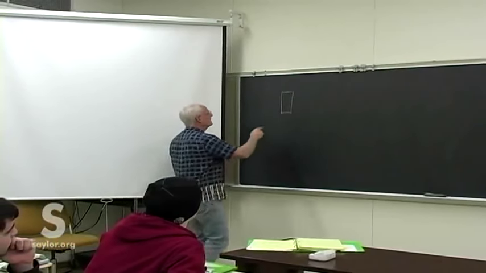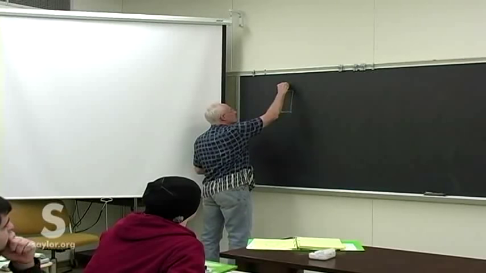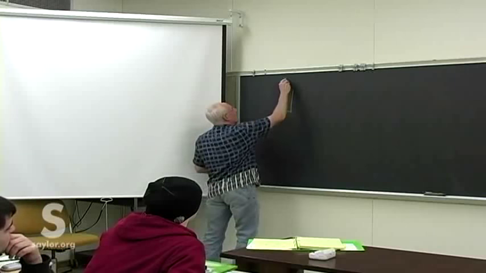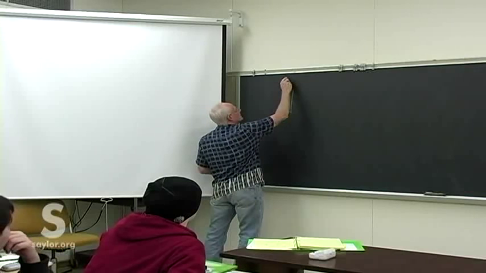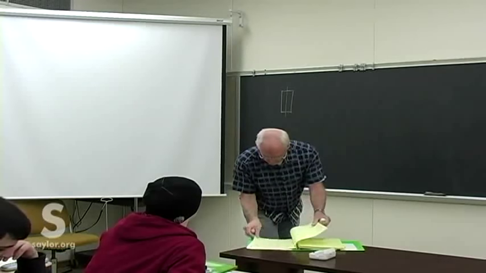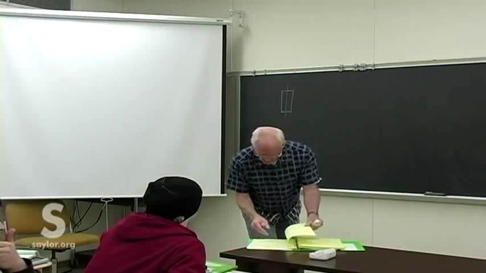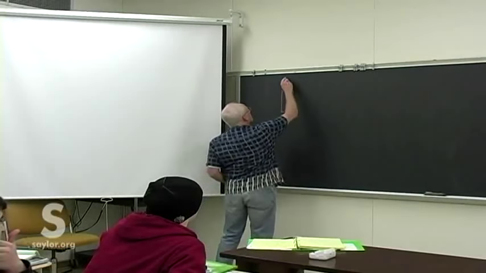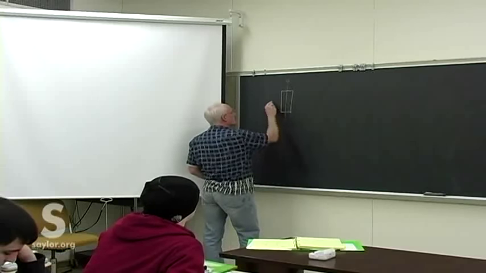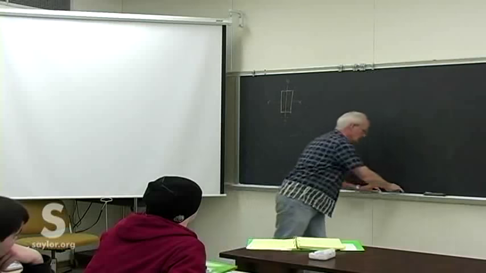If you use a column like this, it is much more likely to buckle with respect to this axis, which our book calls the y-axis, than it is with respect to the x dimension.